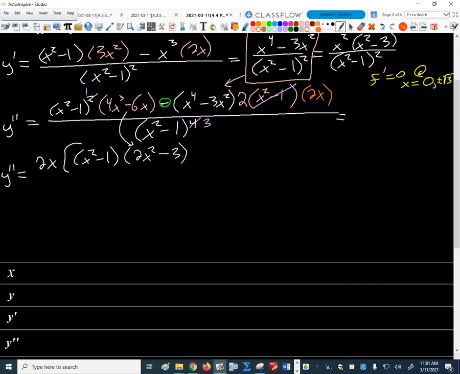Questions on that step? Okay. And once again, all I'm doing here is factoring out this 2x, right? That's what I'm factoring out of each of these two terms.